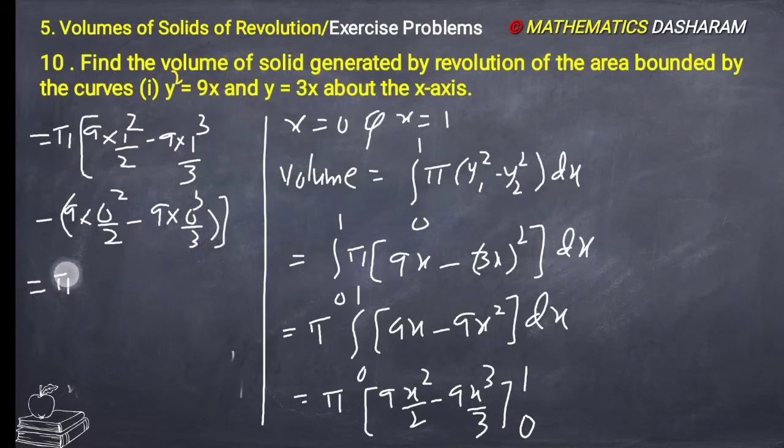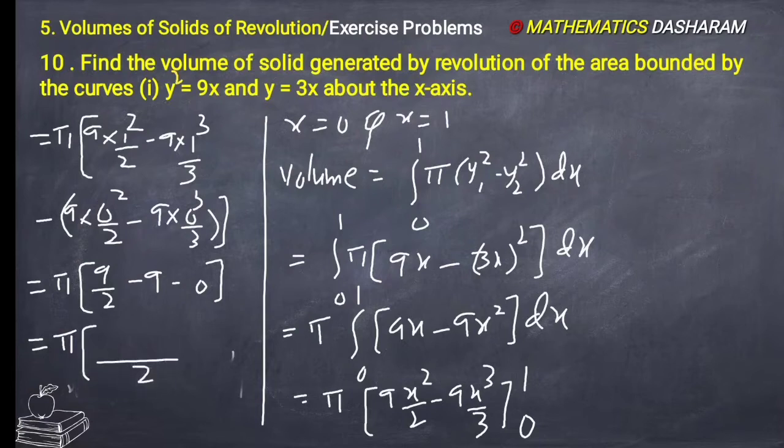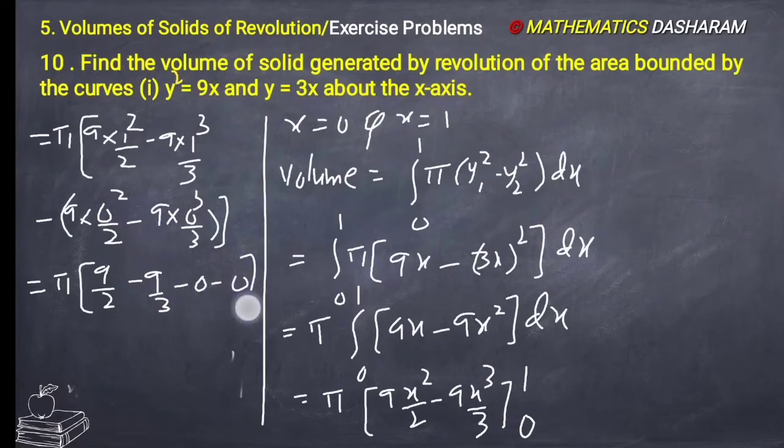So it equals pi bracket of 9 by 2 minus 9 by 3, minus 0 minus 0.